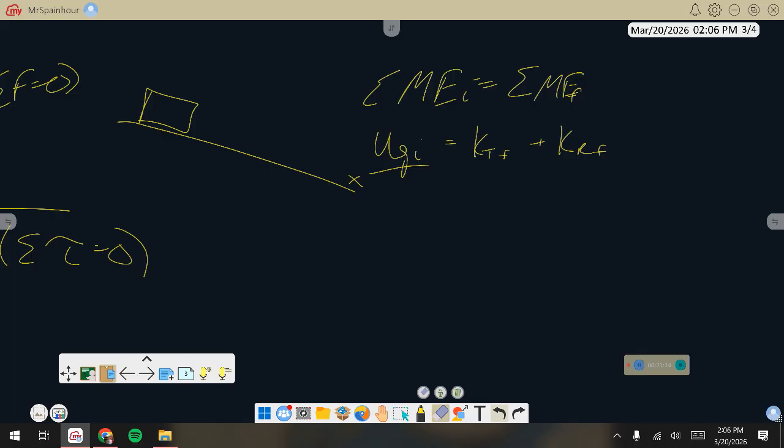So let's do some math on this. The bowling ball has a mass of 5 kilograms. It has a radius. I'm making some numbers up here, but they really don't matter, as you'll see in just a second. The bowling ball has a radius of about 12 centimeters and starts from a height of about 15 centimeters.